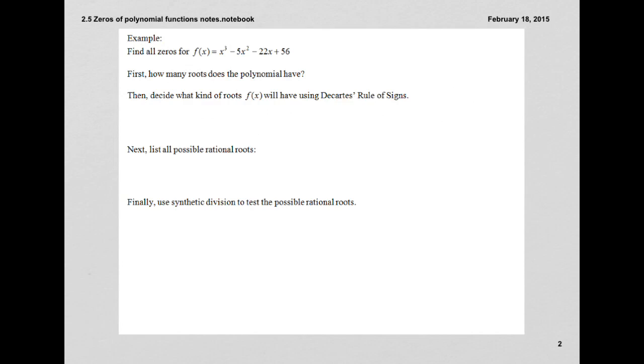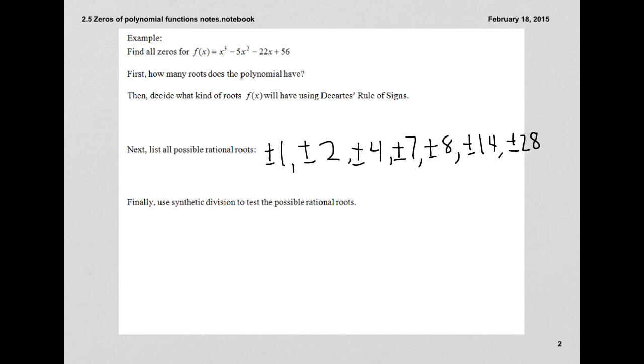And we do that by taking the constant and finding the multiples of that constant, which are plus or minus 1, plus or minus 2, plus or minus 4, plus or minus 7, plus or minus 8, plus or minus 14, plus or minus 28, and plus or minus 56.